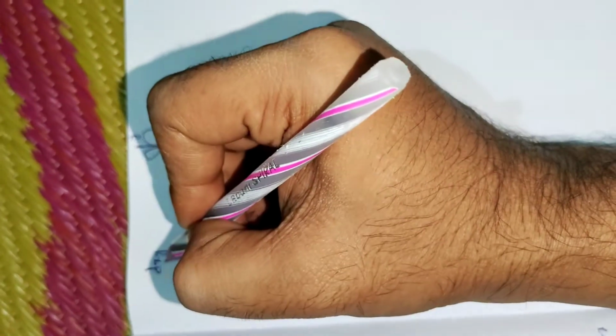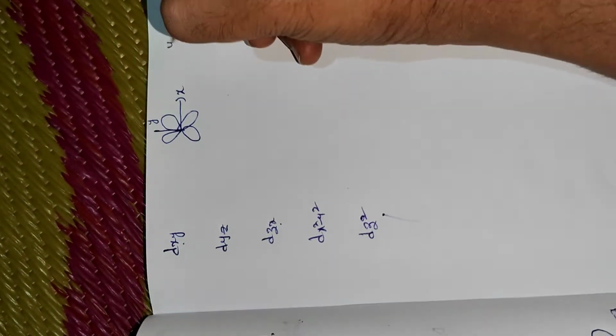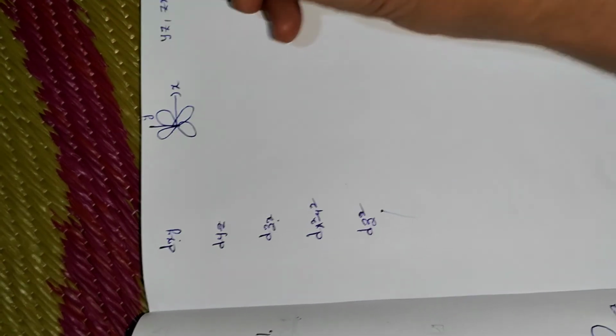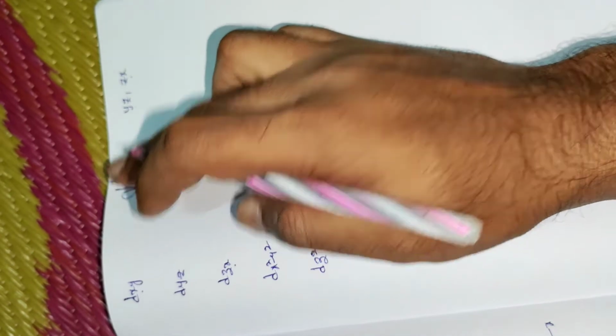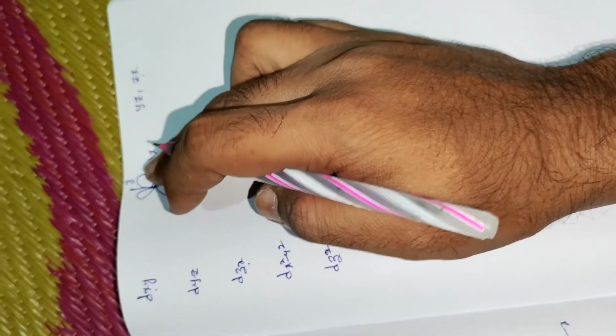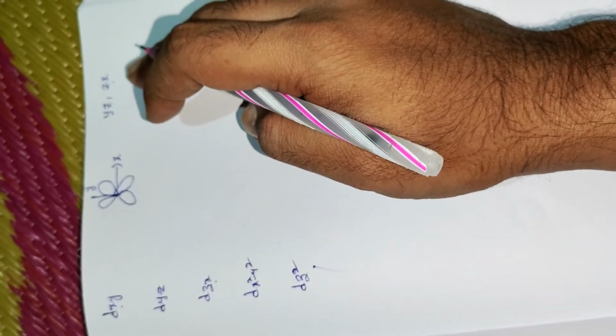Here, see, electron density is present between the x and y axis. There is none between the y and z, and z and x axis. These two are the nodal planes.